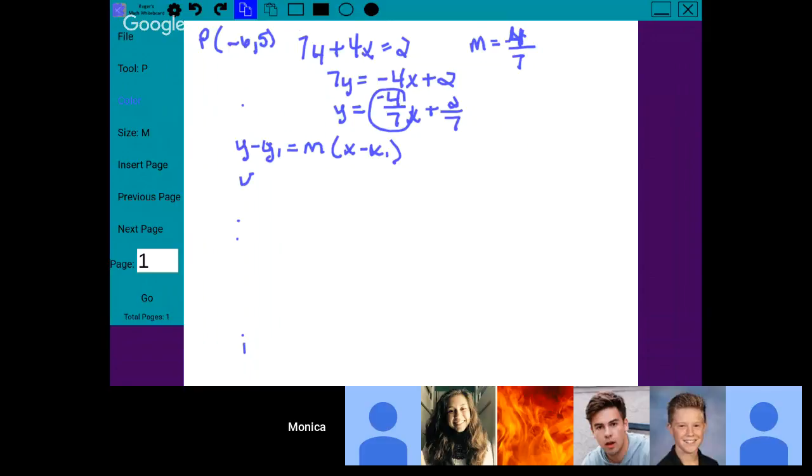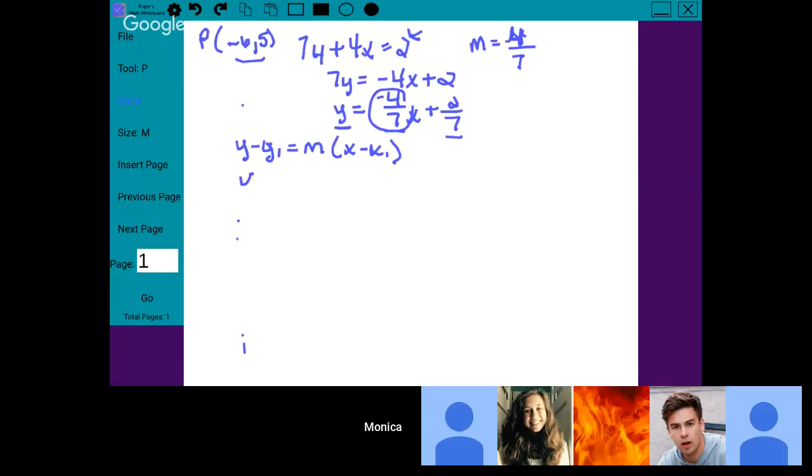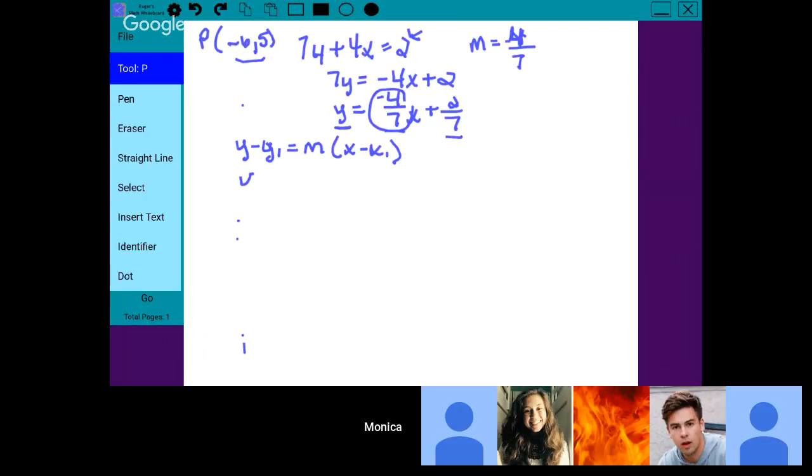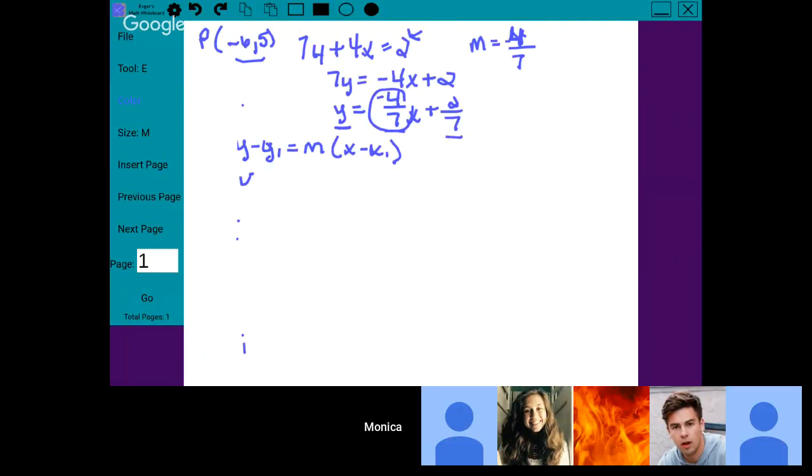Okay, so let's look here. Here's our point, -6, 5. And then the equation that it gives us is here. So we had to work that equation around to get it in y equals mx plus b form, okay? So we moved the 4x over and then divided everything by 7. So now we have our slope is -4/7. And we're going to plug into the point slope formula.